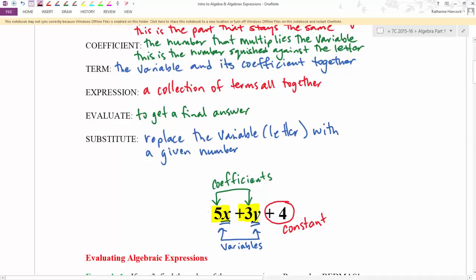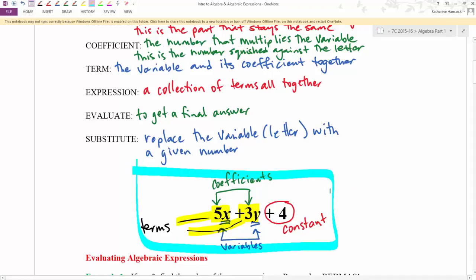So how can I show that? So with the yellow, these are the terms, the combination of the coefficient and the variable. And then the whole everything all together. Let's do this in turquoise. Everything all together, that's going to be your expression.